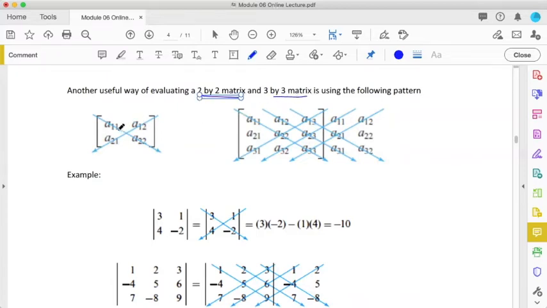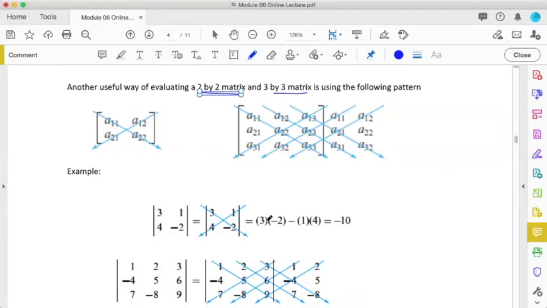For example, if you have a 2 by 2 matrix, you have coefficients A11 until A22. You apply it just as usual, as given in the theorem. You take coefficient A11 multiplied by coefficient A22, and then minus coefficient A12 multiplied by coefficient A21, so you got the determinant.